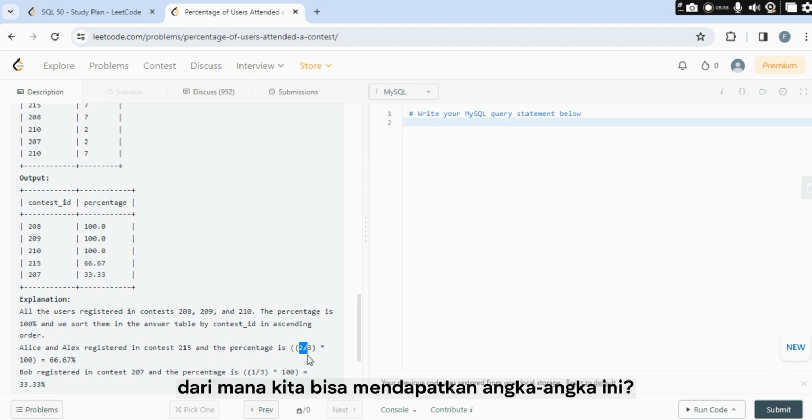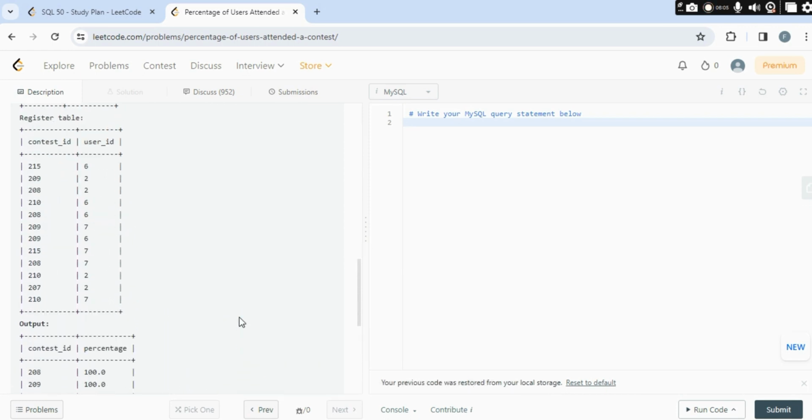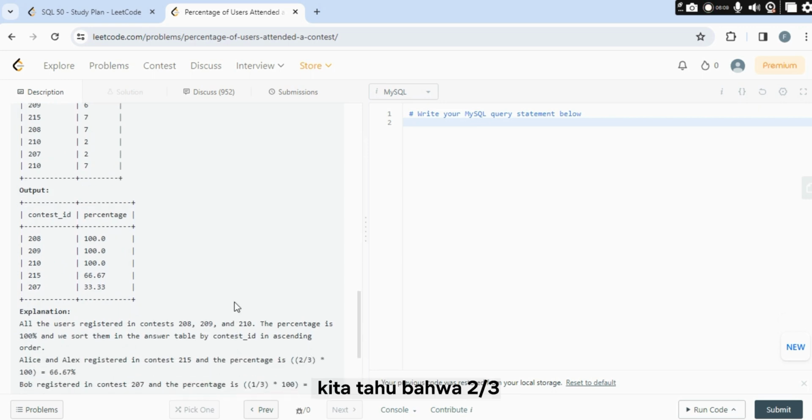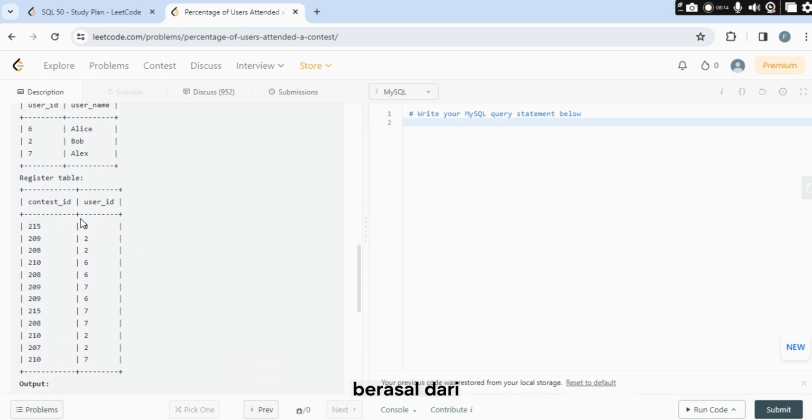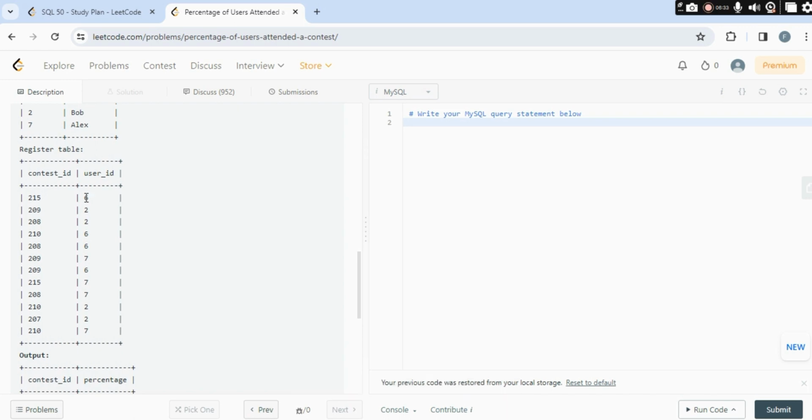Where can we get these numbers? If we look at the complete view of these two tables, the 2 in 2 divided by 3 comes from the users that participated in contest ID 215. For example, user ID 6 participated in contest 215, and the other user, 7, also participated in contest 215.